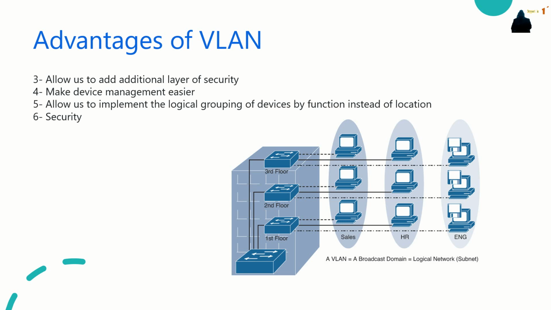They don't need to get access to devices, to databases. For example, human resources or sales should not get access to the IT server, and you can establish different VLANs and filter some traffic for sales, some traffic for HR, human resources, and some traffic for engineering on a different floor.